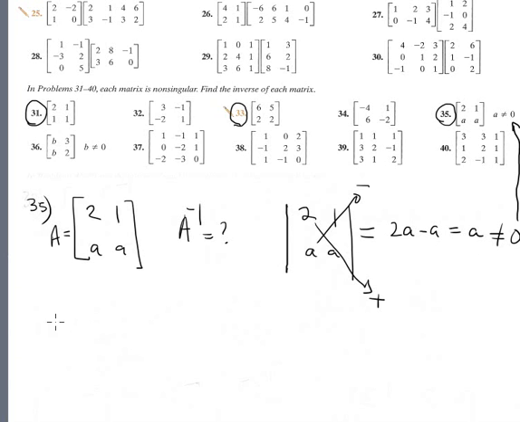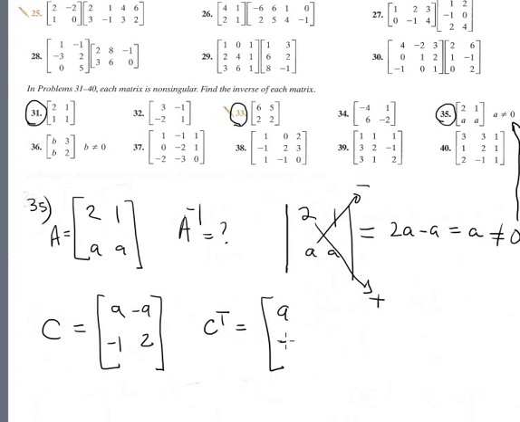And now, the cofactor. Remember, for the cofactor you switch this and this, A and 2, you switch this and this but change the sign, negative 1 and negative A. Now the cofactor transpose: for example, this row I change to this column, and this I change to this, negative 2 and 2.